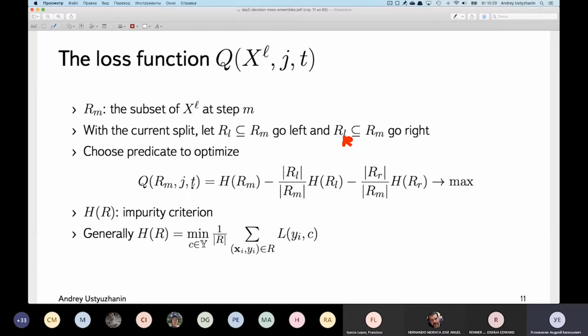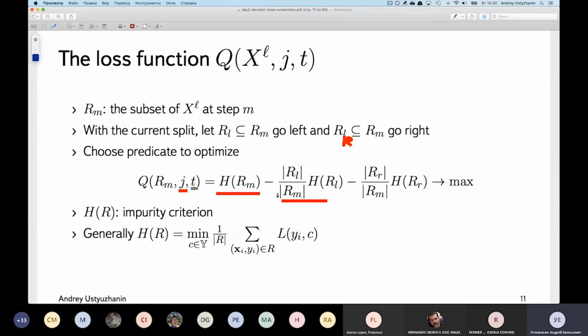And the predicate that we may want to optimize is the following. We compute impurity from the initial split and subtract impurity, normalized to the number of nodes, that we get if we split at the specific feature j and specific threshold t, right?